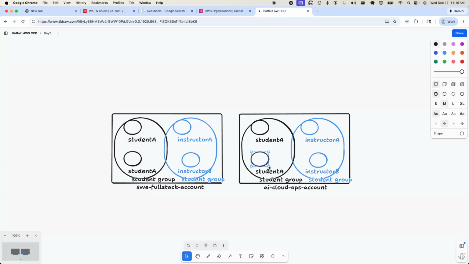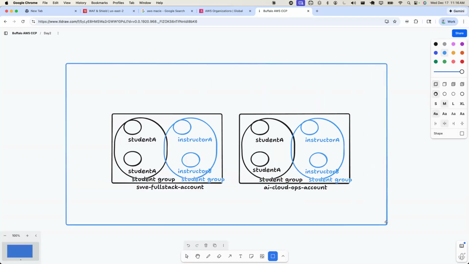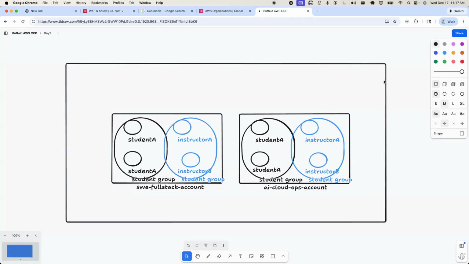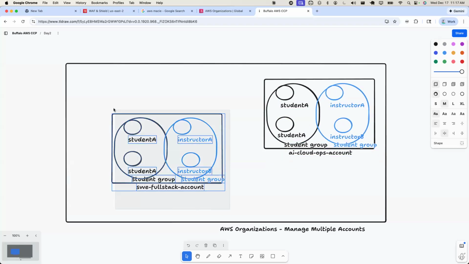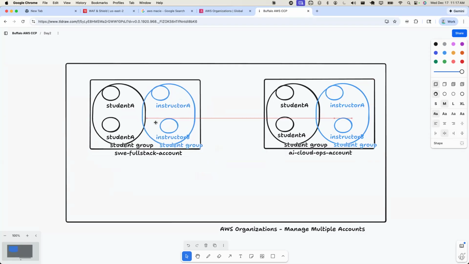So I want to make sure that the AI Cloud Ops students, and I actually have created multiple AWS organizations for exactly this reason, and it is unfortunately clunky and non-trivial to manage. I can have all of the AI Cloud Ops students creating all the services they need over here, and I can have that be separate from over here.